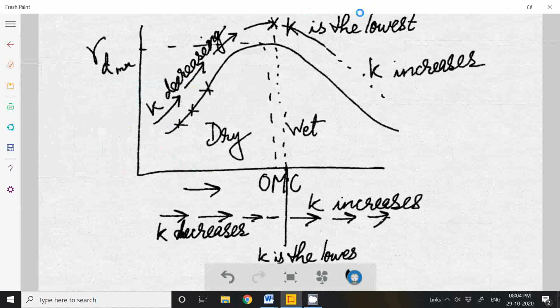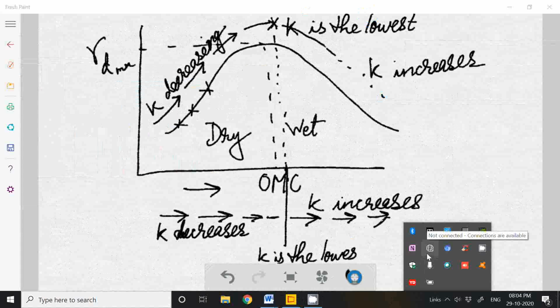So this is the pattern of the permeability that you need to know. Permeability starts decreasing on the dry side, just slightly beyond the optimum moisture content permeability is the lowest, and then it increases. I hope I am clear with it.